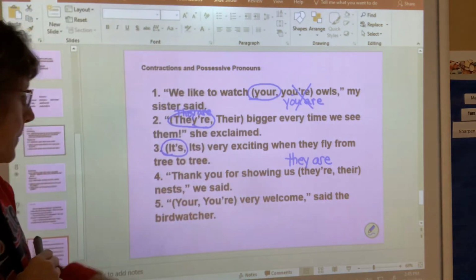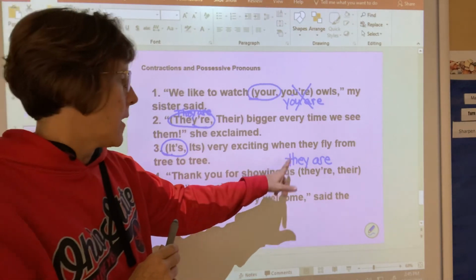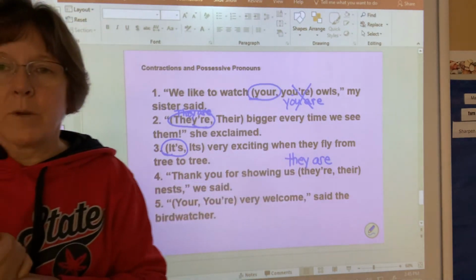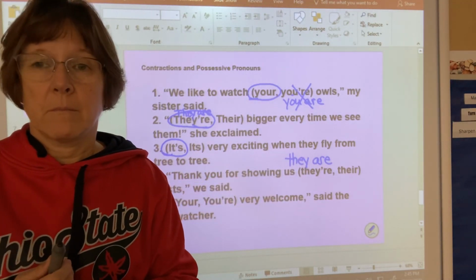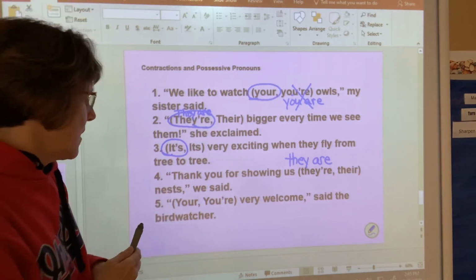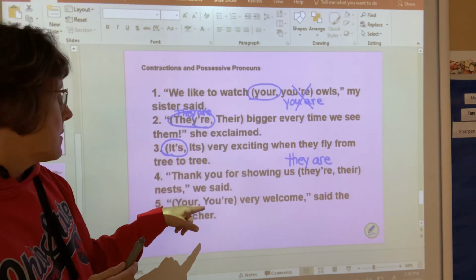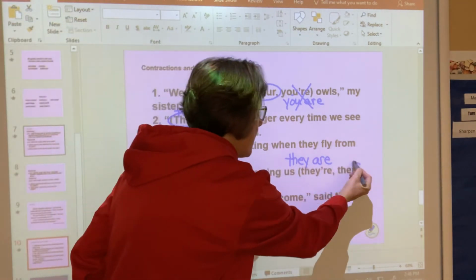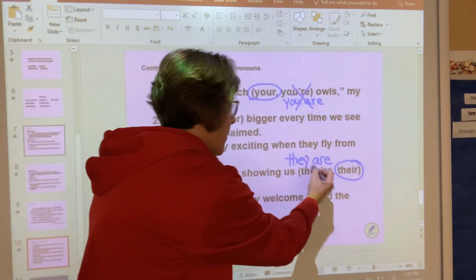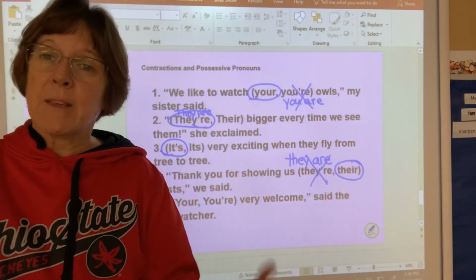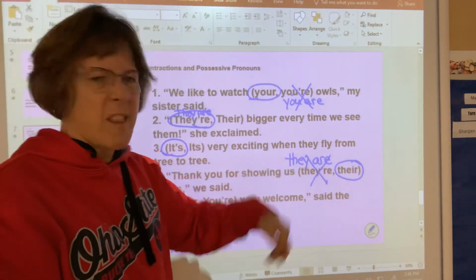Let's see. Thank you for showing us they are nests, we said. That didn't sound quite right. Well, whose nests are they? They're the owls'. So it should be this their, because it's showing that the nests belong to the owls. It's not the contraction.